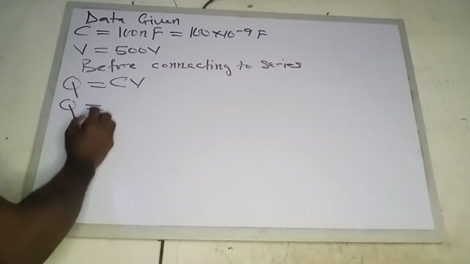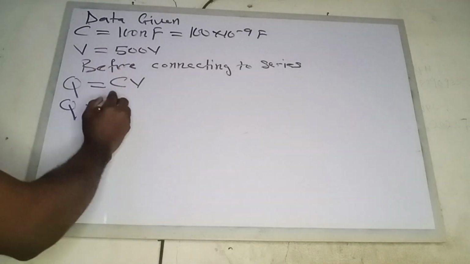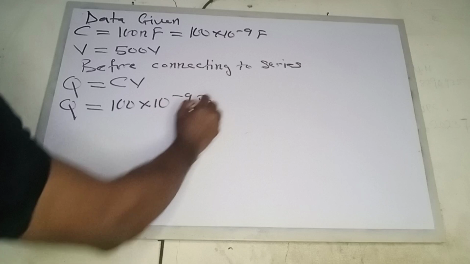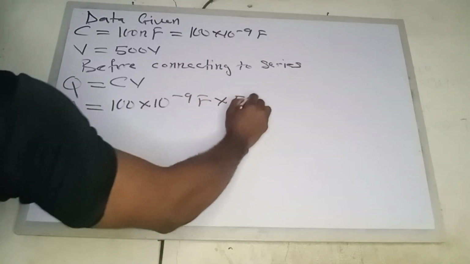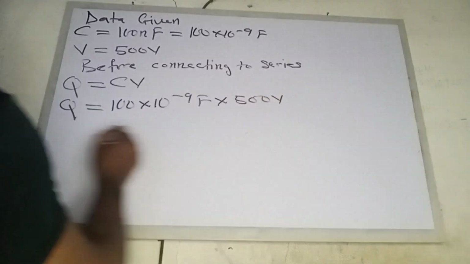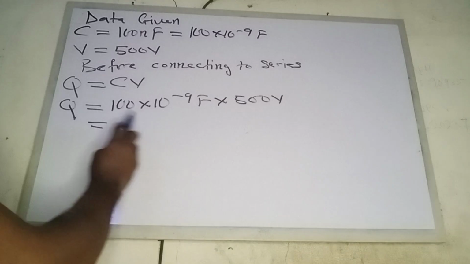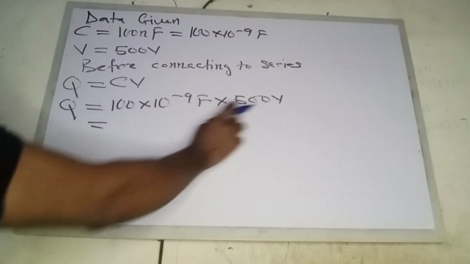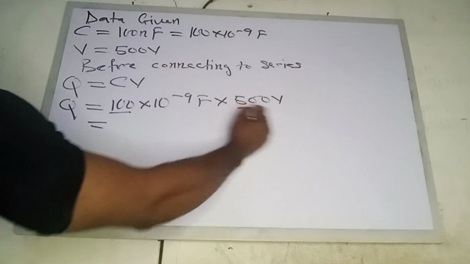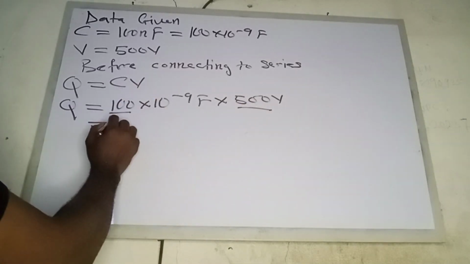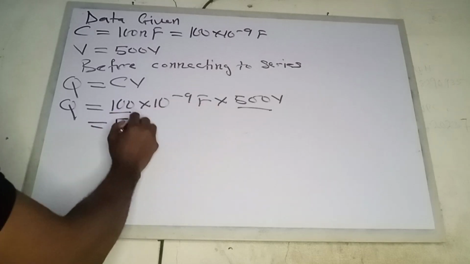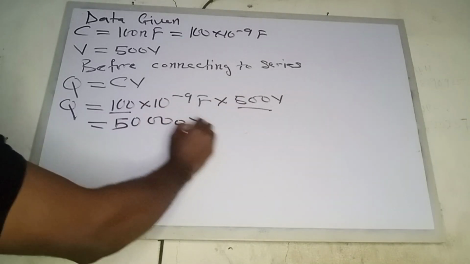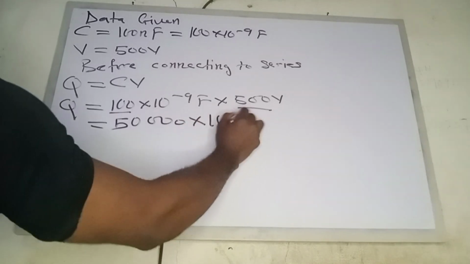So we have our charge, which is equal to our capacitance, 100 times 10 raised to the power of minus 9 farad, multiplied by 500 volts. Now you can go ahead and multiply. 100 multiplied by 500, we get 50,000, multiplied by 10 raised to the power of minus 9.